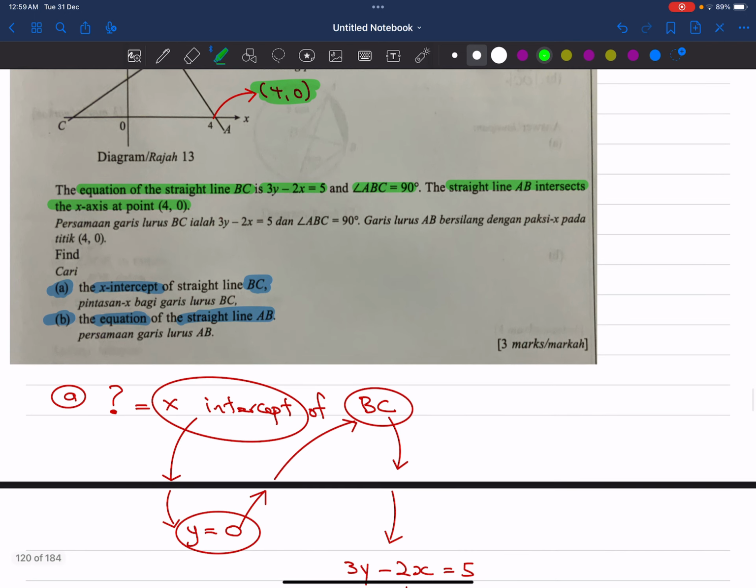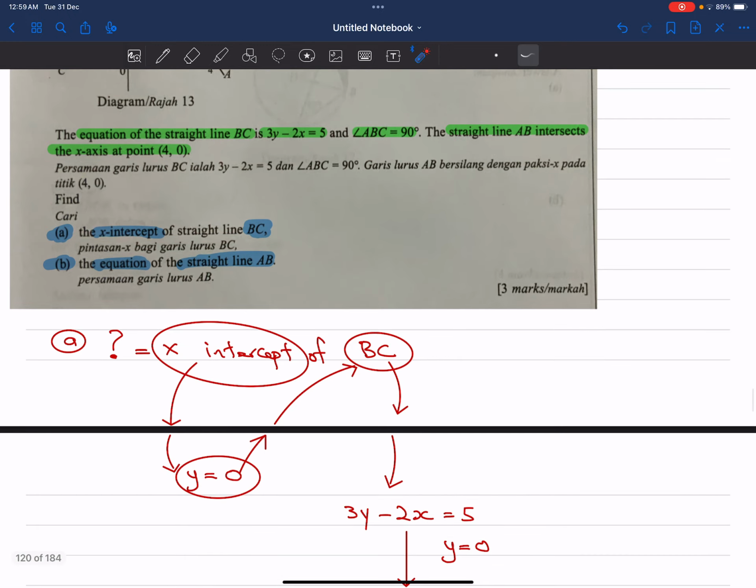We look at what the question is asking. Part A: find the x-intercept of the straight line BC. As usual, we start from what they ask. They are asking the x-intercept of the line BC. Now, x-intercept, from lower secondary, the y must be 0.